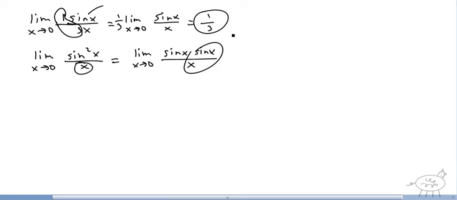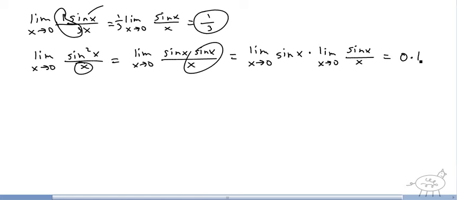Okay, there you go. That's a nice part of it. Now you've got to keep writing that limit, but you can write it as a multiplication now, because just by the product property you can pull it apart. So it's limit as x approaches 0 of sine of x times limit as x approaches 0 of sine of x over x. And I can do direct substitution on that, because there's no denominator that's going to go to 0. So sine of 0 is 0 times 1. So the answer to this problem is 0.